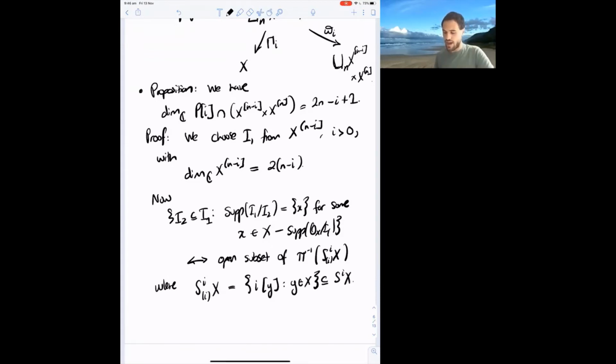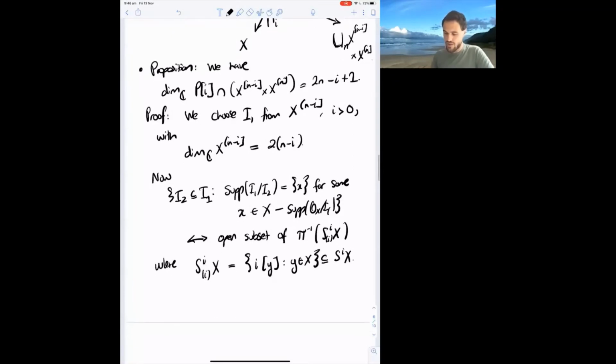The good news about choosing things in this way is that we know something about the dimension of this pre-image, or at least Nakajima does. In the book, he's calculated what these dimensions are.